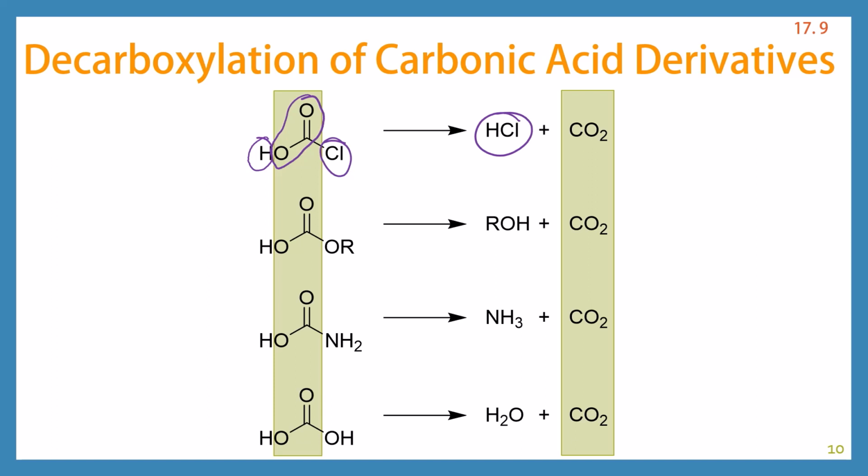And all of these are driven forward by a couple different factors. One of the main ones in the case of these carbonic acid derivatives, these small molecules, the main driving force is that we are going from one molecule to two molecules. And that just makes entropy very, very happy.